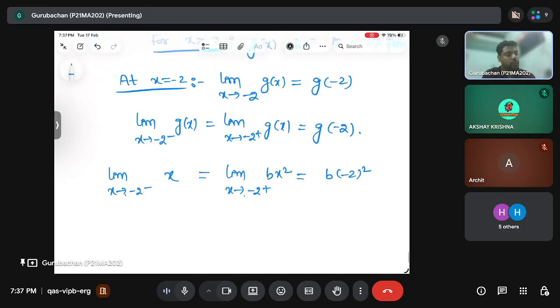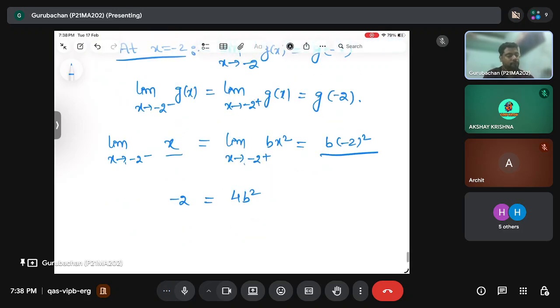We may directly substitute, or substitute minus 2 minus h and h tends to 0. So this will give you minus 2. This will give you 4b square and this will also give you 4b square. So from here your b square will be... oh, why b square? Only b.